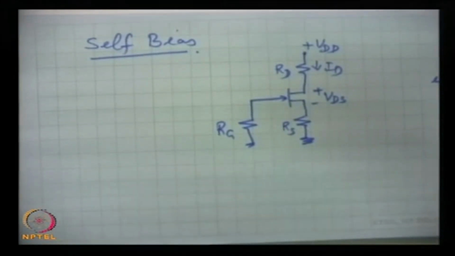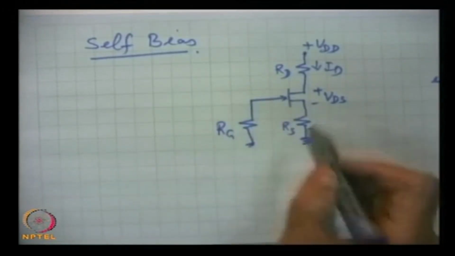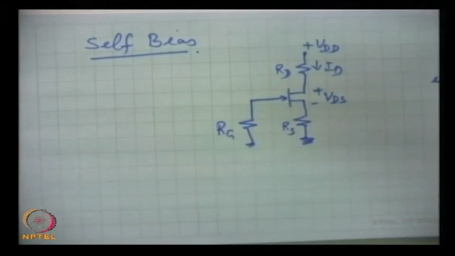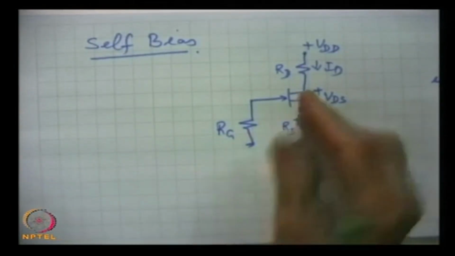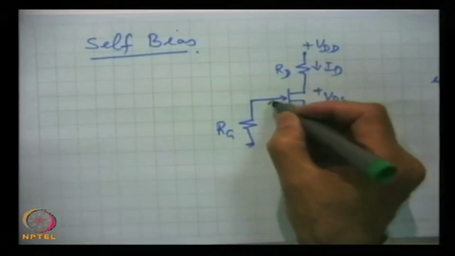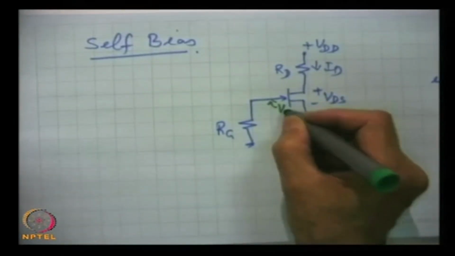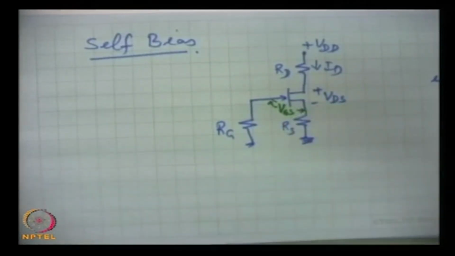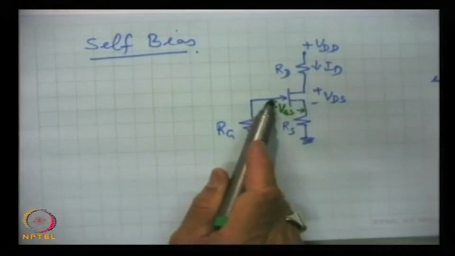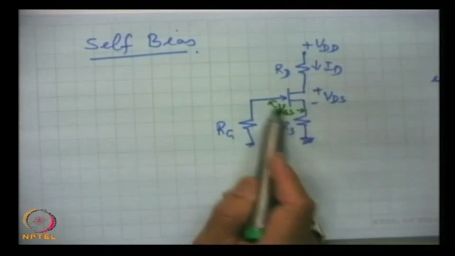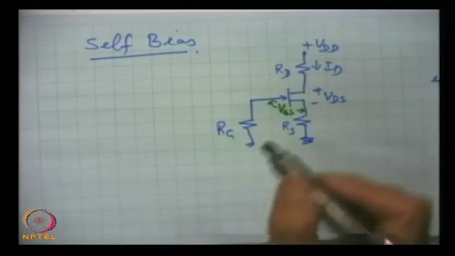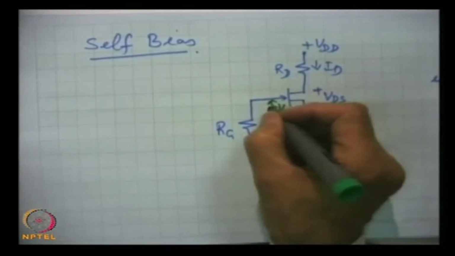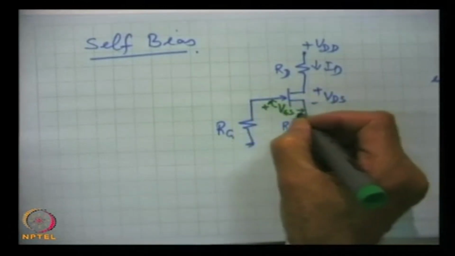Why it is called self bias, that we will explain. And here this is VGS. Voltage between gate and source, this is VGS, which we are marking as plus here and minus here.